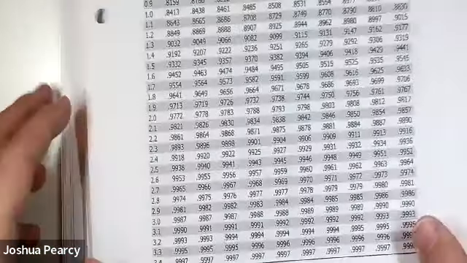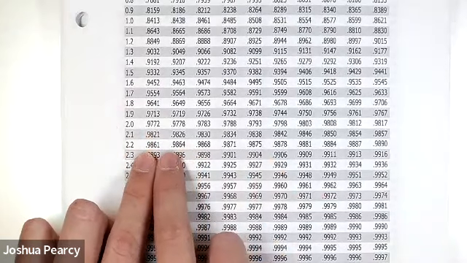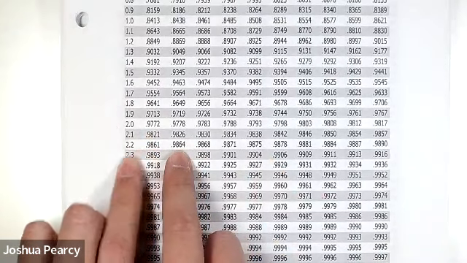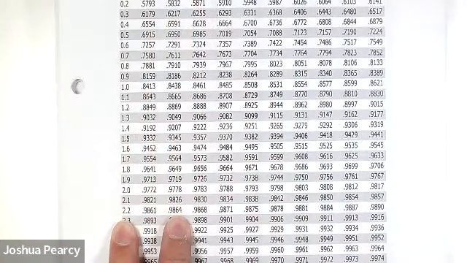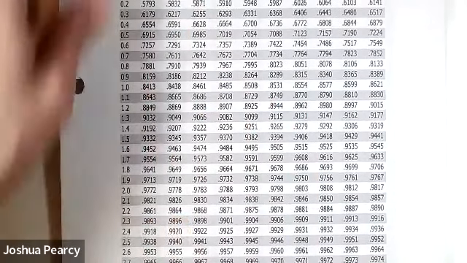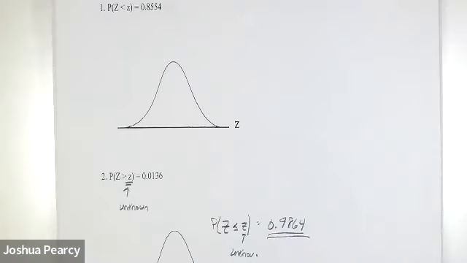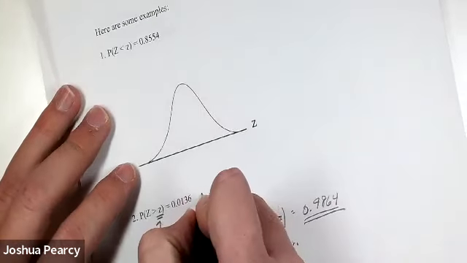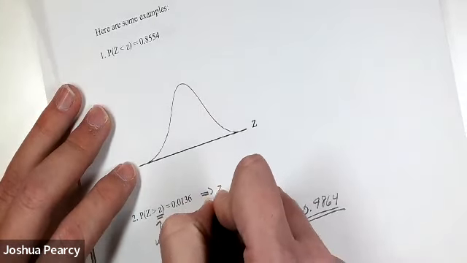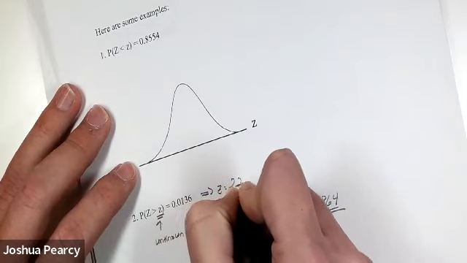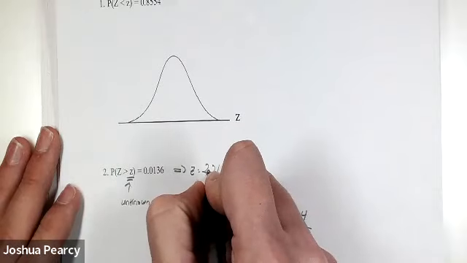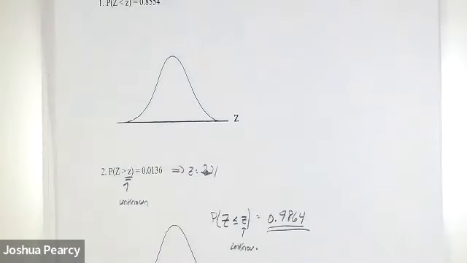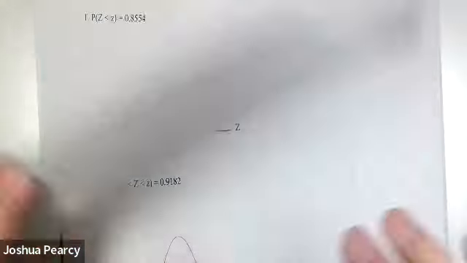Just look for 0.9864 right here, 2.2 up to 0.01, so 2.21 is the z-score associated with that. That implies that the unknown little z is 2.21. Did everyone understand how I did that? Okay, let's look at the next one.